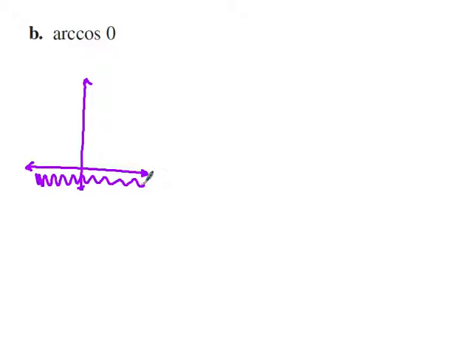This is one of those things to file away: if you're dealing with sine and cosine and you ever get 0 or 1, that means it's going to be located on one of the axes, and we have to find where. If you remember these coordinates, this one is 1, 0. This one is 0, 1. This one is negative 1, 0.